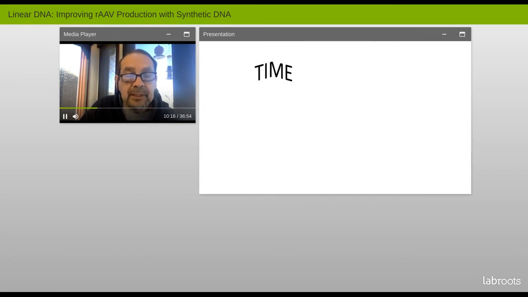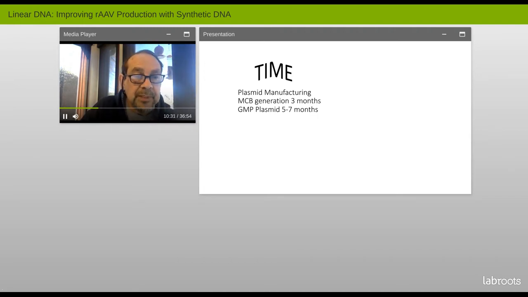There are basically three things that seem to impact AAV production at the moment. The first one is illustrated here as time, and if you advance, you'll see that in order to make GMP plasmid for manufacturing, one has to establish what's referred to as a master cell bank, or MCB. It takes about 3 months to do this, and then if you generate so-called FDA GMP plasmid, that's about another 5 to 7 months.